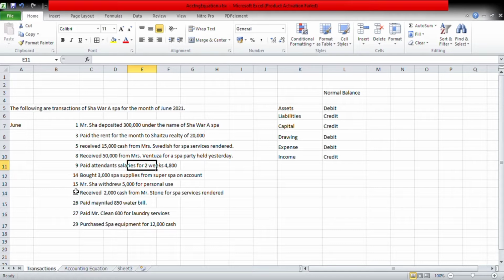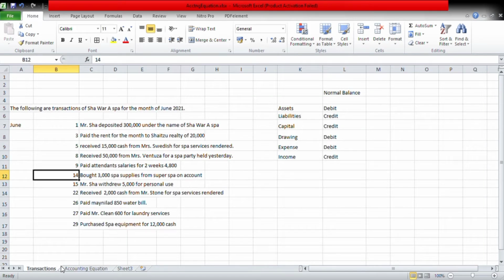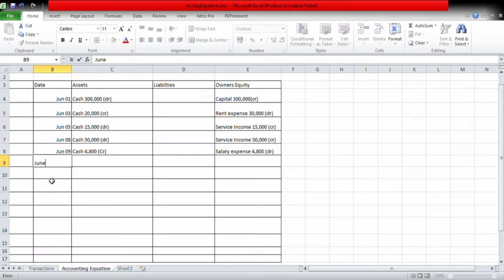Next, June 14. Purchase 3,000 supplies on account. That means utang. Supplies under asset, 3,000 debit. Now, since we purchased on account, that means utang or liability.